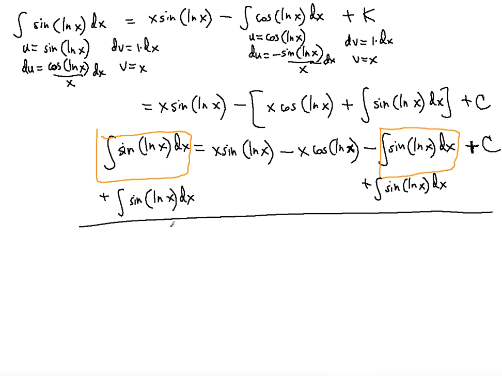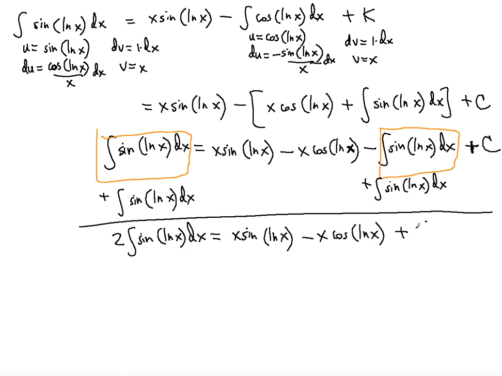So in the end, you will have 2 times the integral of sine of ln x dx is equal to x sine of ln x minus x cosine of ln x plus big C, the big constant. If you divide both sides by 2, you will have solved for the original integral.